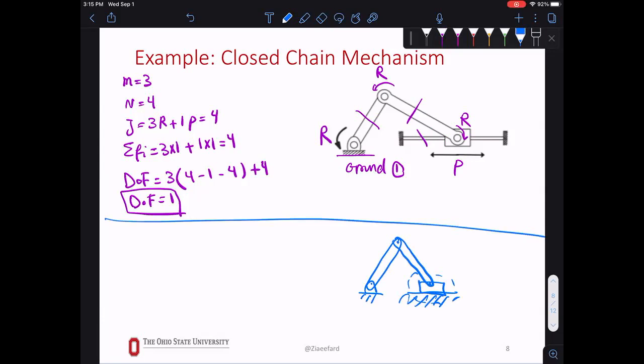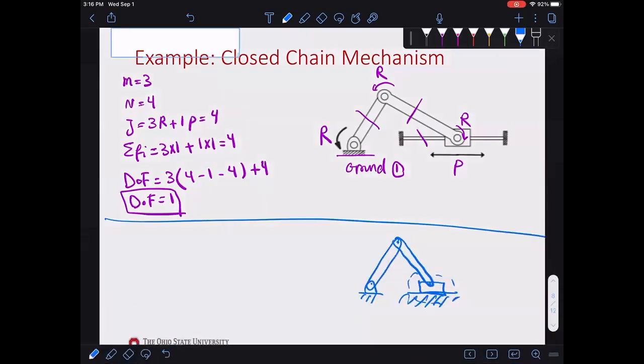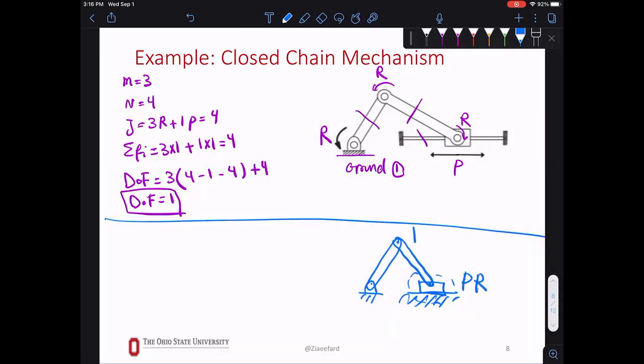Okay? Now, this joint is a PR joint. It has a degree of freedom in prismatic and also rotate. So it could have been something like this in reality, and you composed it to that diagram. So this would be a PR joint.